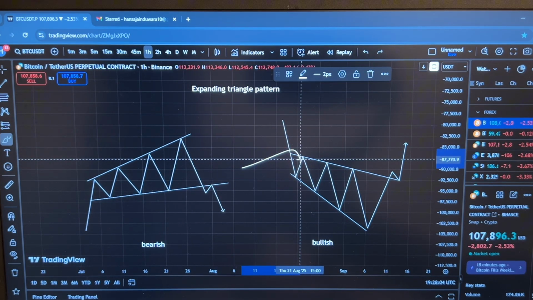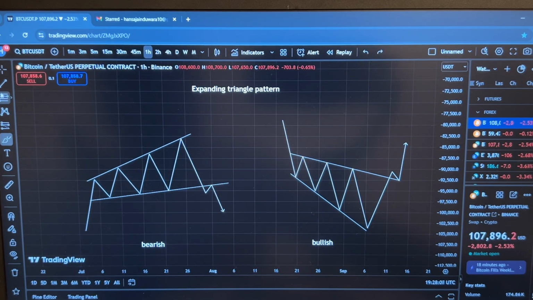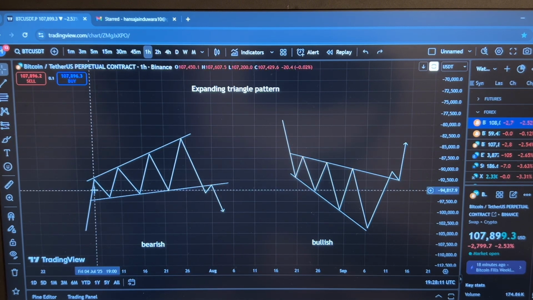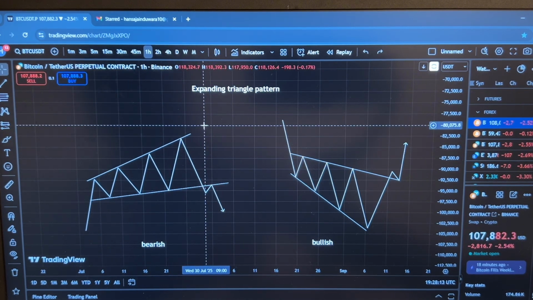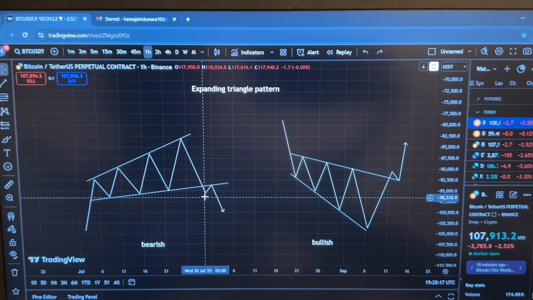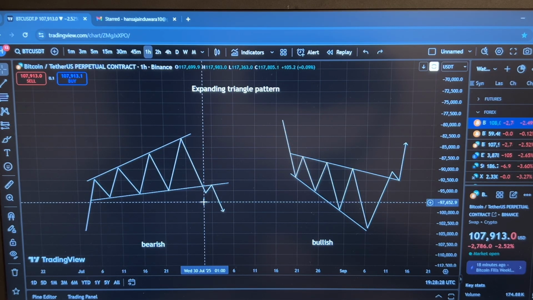So just be mindful, always be careful, because there are chances that it actually goes respecting the initial trend. So always be extremely cautious, always wait for a breakout and always wait for a confirmation. Even if it breaks out, sometimes it gives a fake out and just keeps on going up. So always wait for a confirmation.